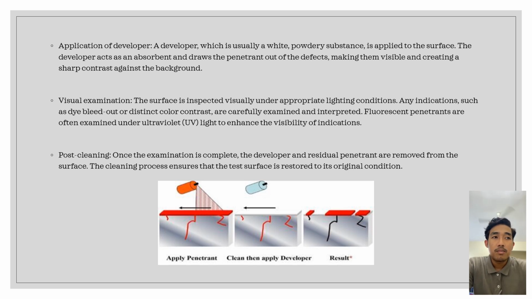Fluorescent penetrants are often examined under ultraviolet, or UV, light to enhance the visibility of indications. Lastly is post-cleaning. Once the examination is complete, the developer and residual penetrant are removed from the surface. The cleaning process ensures that the test surface is restored to its original condition.